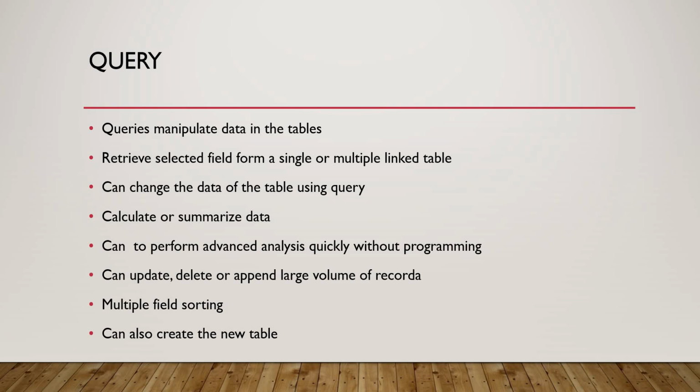That means you can easily manipulate the data, or hide the data, or do different types of calculations using query. Okay, let's continue. Retrieve selected fields from a single or multiple linked tables. If the tables are linked, you can have two or more fields together in a query.